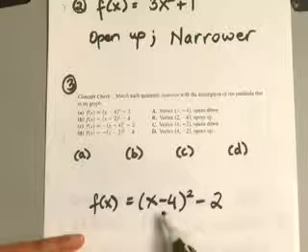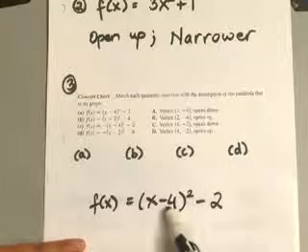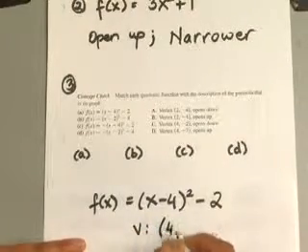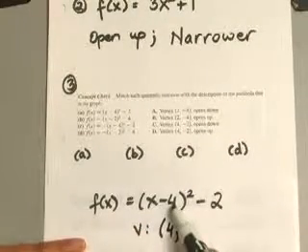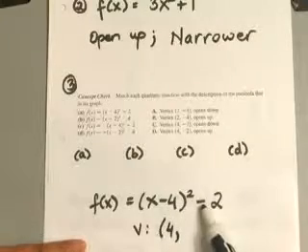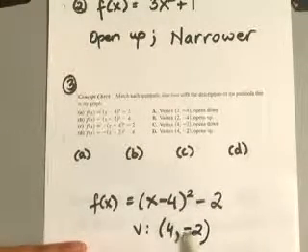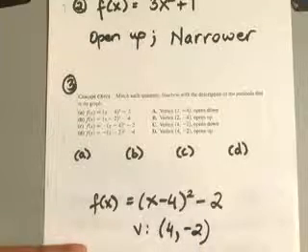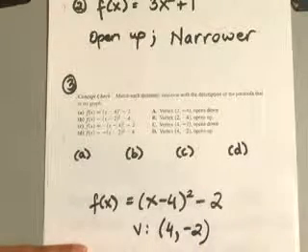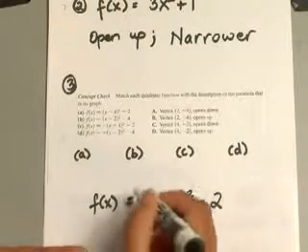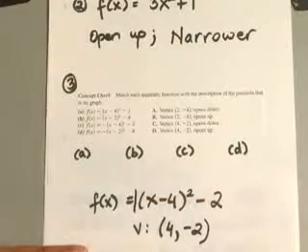So if you're trying to identify the vertex, the vertex is going to be positive 4. Since that's a negative number, we know this number has to be positive, and this of course is negative 2, so your vertex is going to be 4, negative 2. Now you need a coefficient to try and decide if this is going to open up or open down. If you don't see any coefficient, it's understood that it's 1.